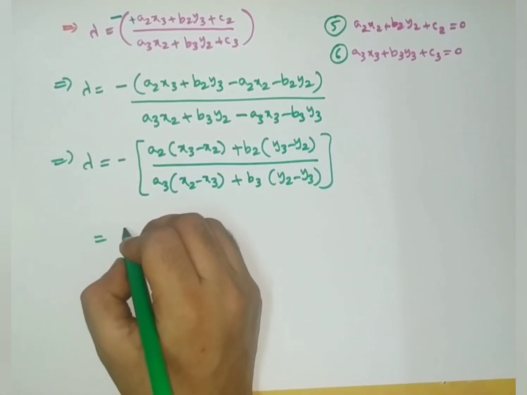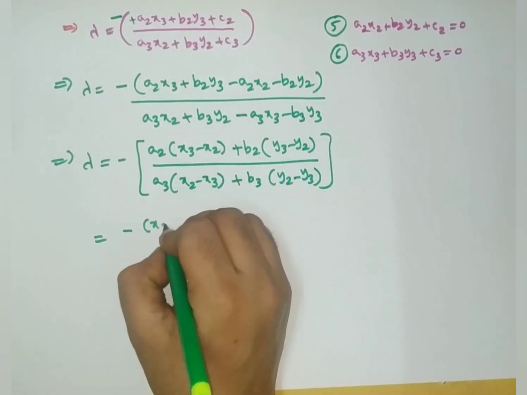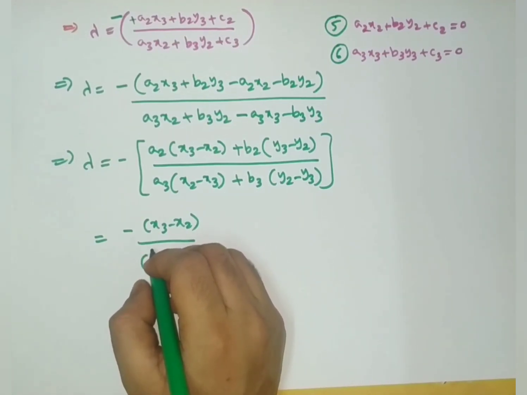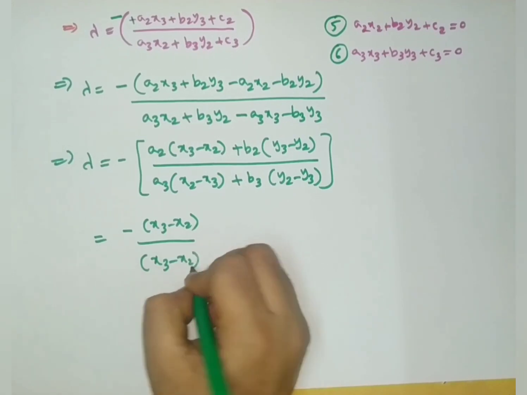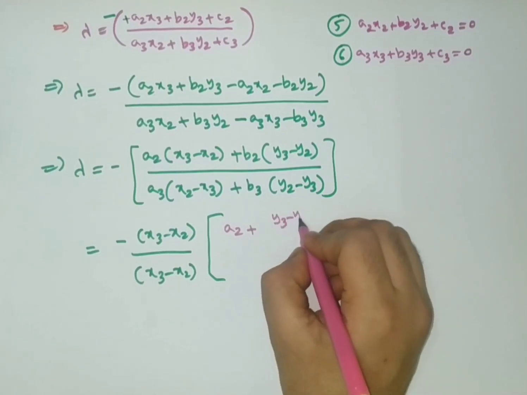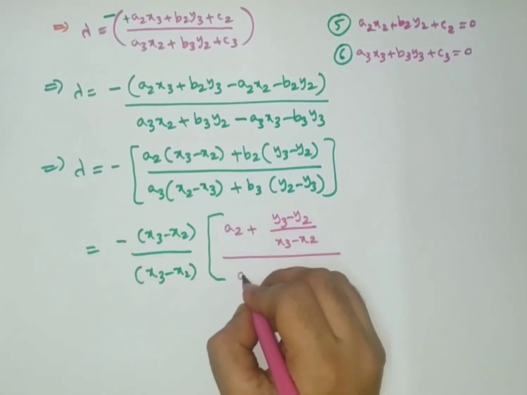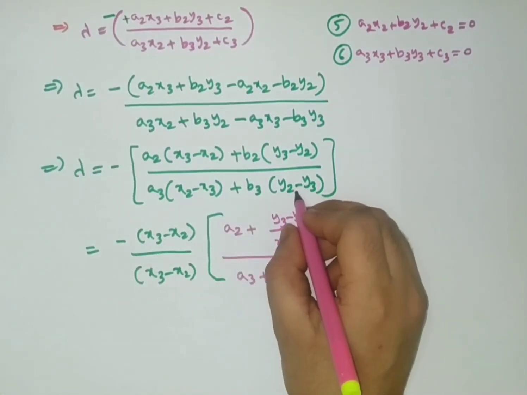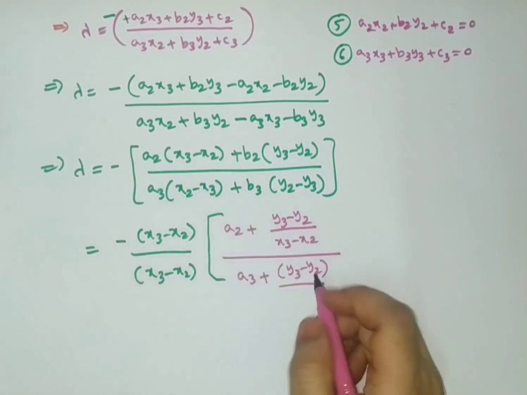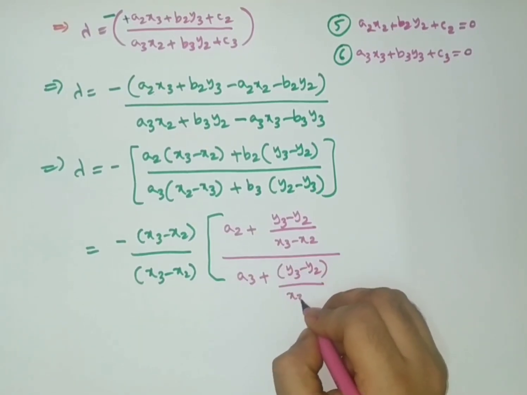So that is equal to minus of, let us take the common in numerator x3 minus x2 and at the same time in denominator also x3 minus x2 by taking common, what we will get? a2 plus y3 minus y2 by x3 minus x2, by a3 plus, here we took minus common, okay, so then what we will get? y3 minus y2 by, here also by taking common minus, okay, so x3 minus x2.